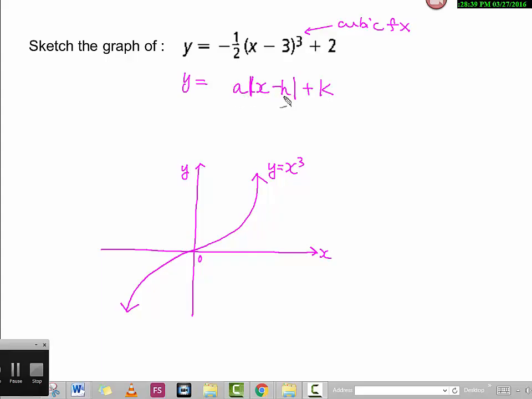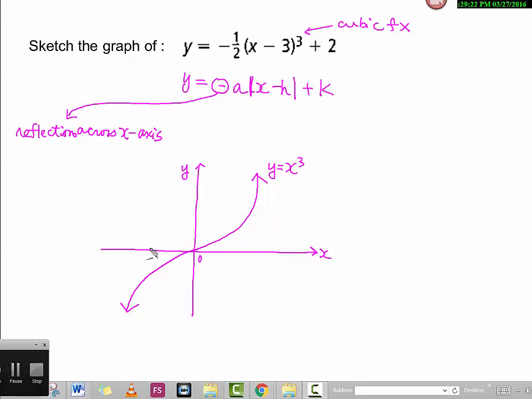We know all these variables, and the sign before a, control all kinds of transformation. In this case, the sign before a is negative, so we know there's going to be a reflection across the x-axis.